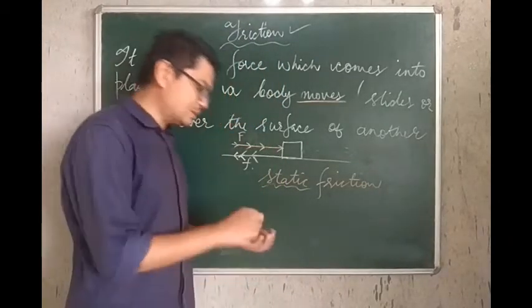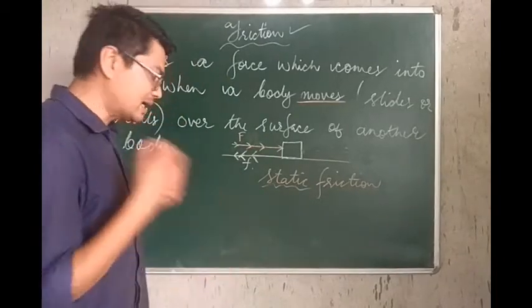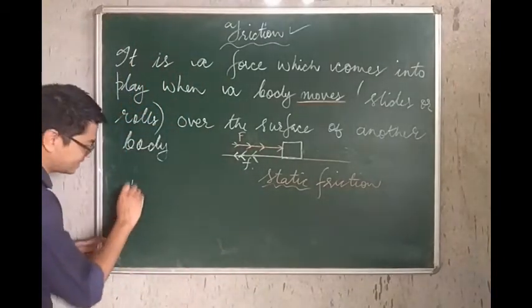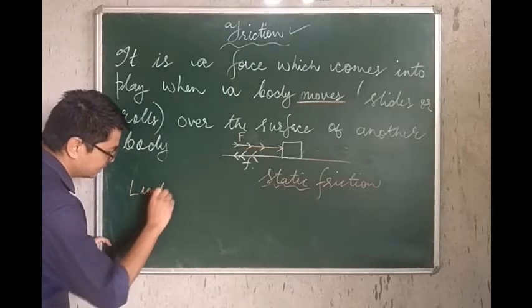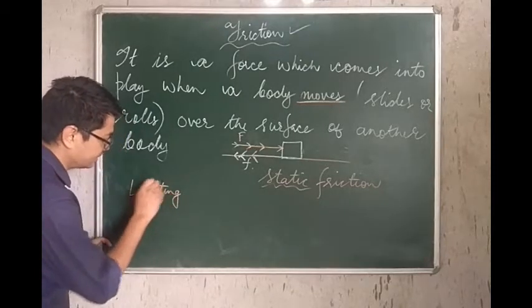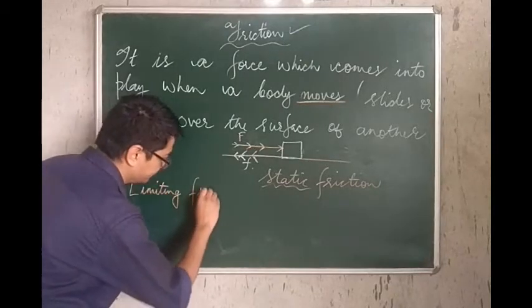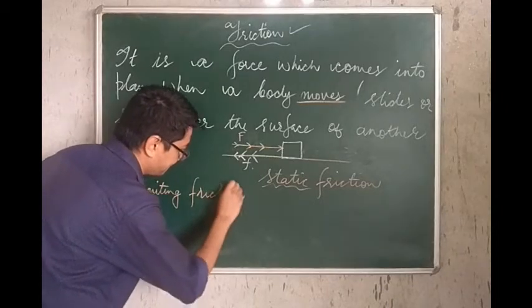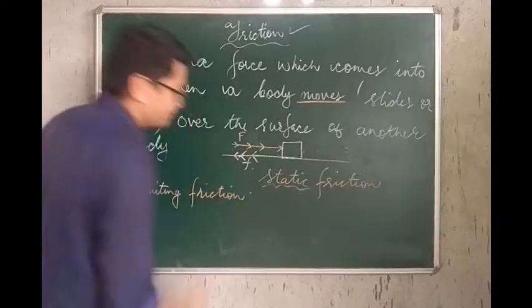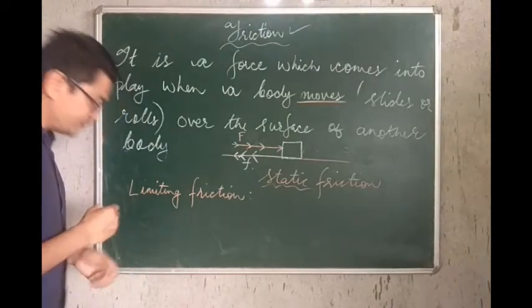So this maximum value of static friction has a name. It is called limiting friction. Okay, and how do we define it?